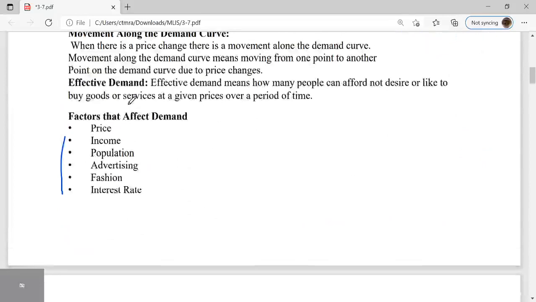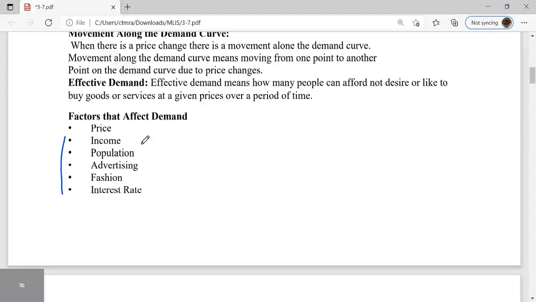Let's discuss some more examples. Suppose there is a situation where immigration is increasing. Lots of people are entering your country. At that time, what will happen to your demand for rice?